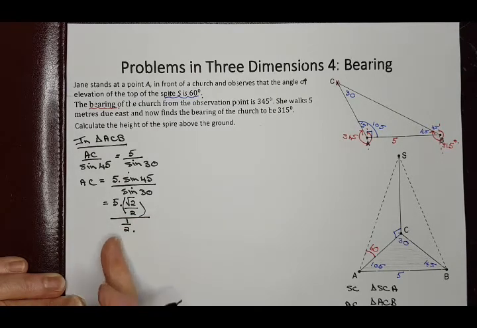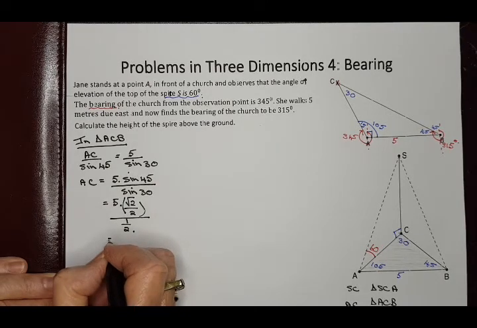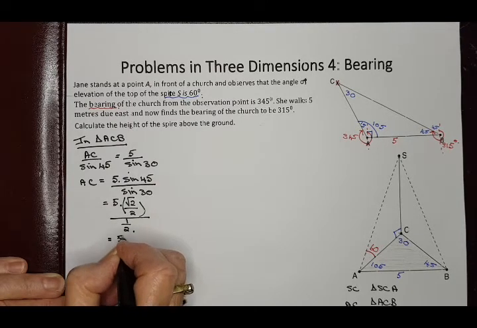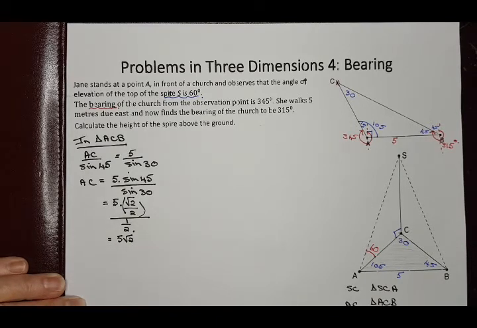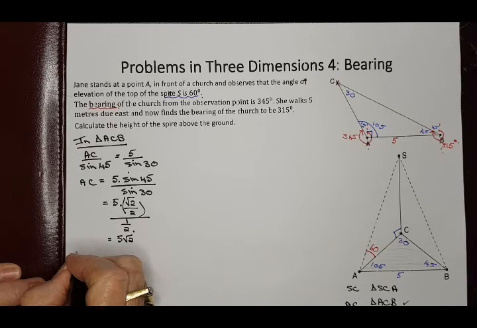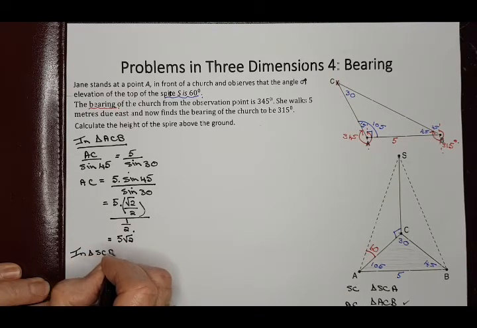To divide by a half, I'm going to tip and times, and so I land up with 5 root 2 divided by 2 times by 2. I have finished the first part of my sum, and now I want to work in triangle SCA.